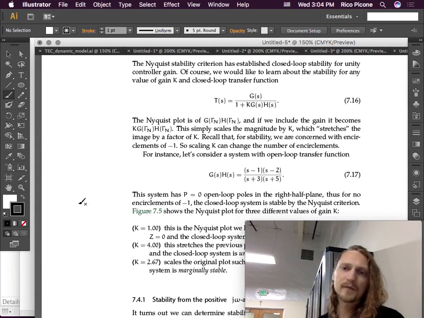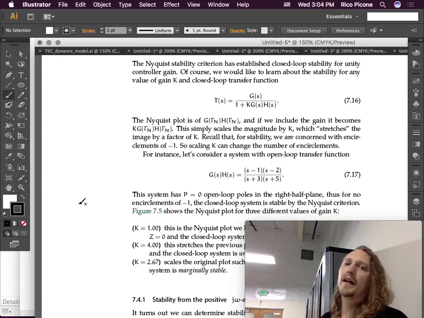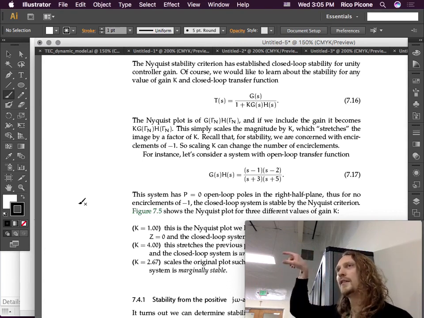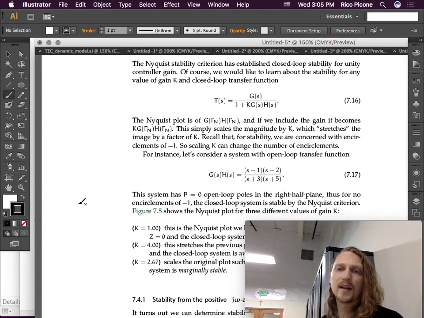So the Nyquist plot is of GH of gamma n, as you may recall, where gamma n is the contour that encircles the right half plane. GH is the open loop transfer function, which is to say the forward path G and the return path H multiplied together.